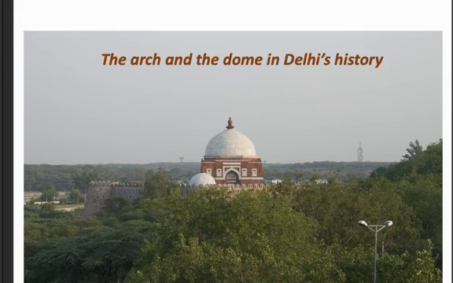And I think it's very important to understand some of these things, not only from the point of view of architecture, but about how it tells us a lot about the course of history in Delhi and how architecture is so tied up with not only culture and the arts, but also with the social and political changes that have taken place in Delhi and in the wider country as well.